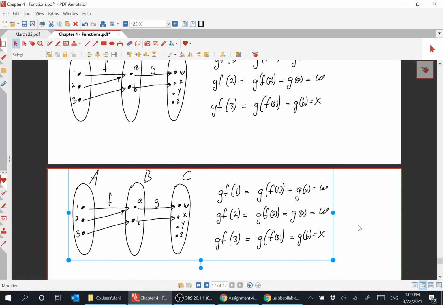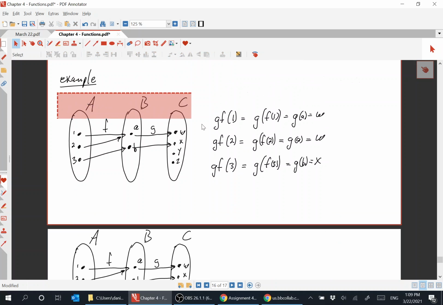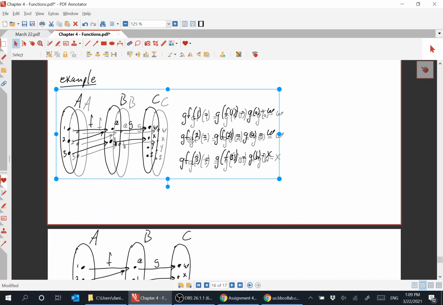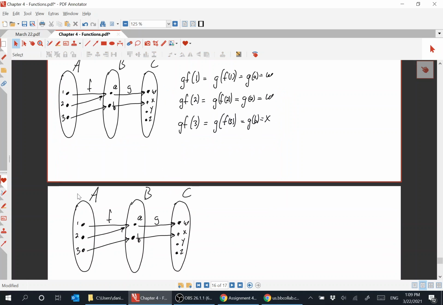So anyway, once you see these things here, you can draw the function just by itself without the intermediate b, like so.